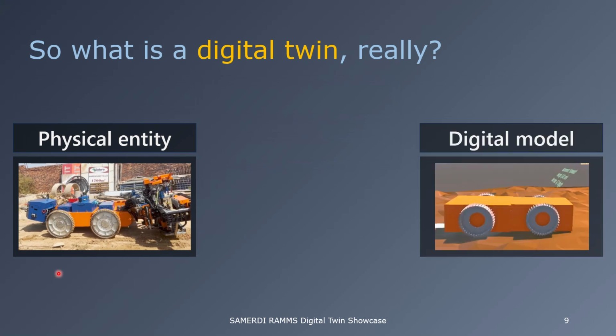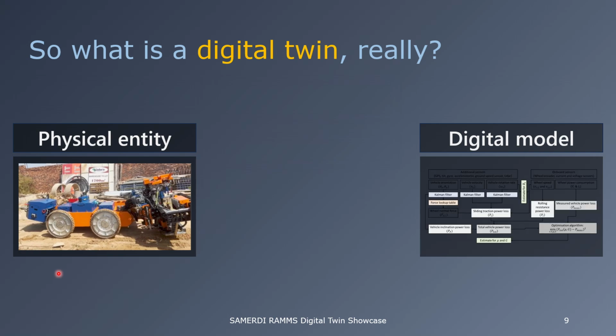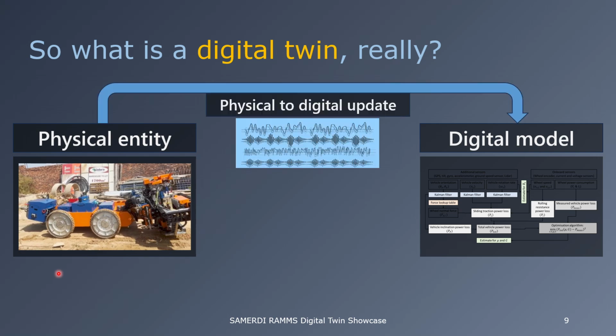Now what I show here is a nice geometric model, a sort of CAD drawing, but note that a digital model need not be something visual. It can be a complicated or simple algorithm also sitting in the back end. All right. Then we need some mechanism to join these two. So we need a physical to digital updating process.